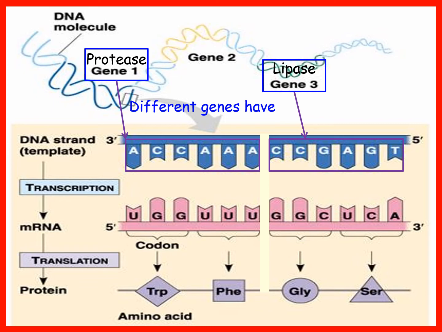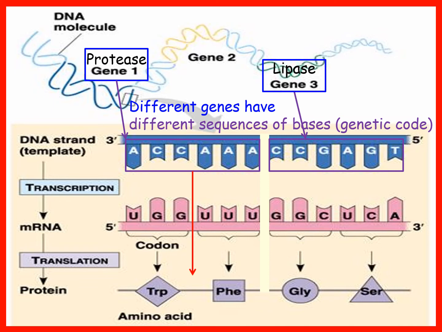You can see that the genetic code in protease, for example, is ACCAAA. In real life, that would be longer, but we're just looking at a short example. Whereas in lipase, how is the lipase gene different to protease? You can see that its order of bases, CCGAGT, those sequence of bases are different. So it has a different genetic code.